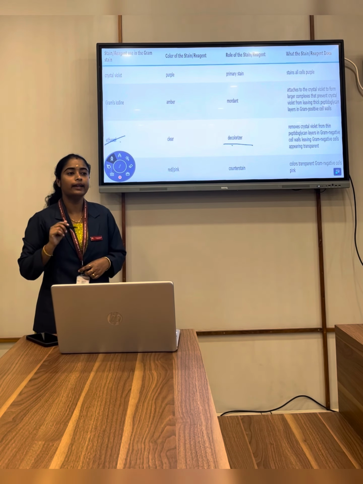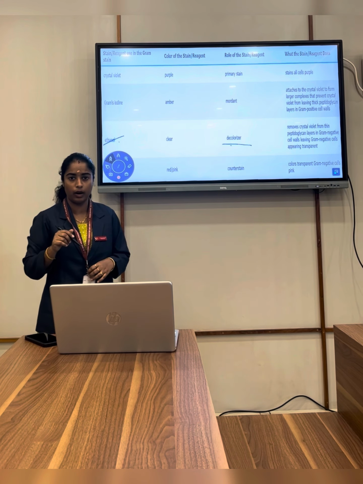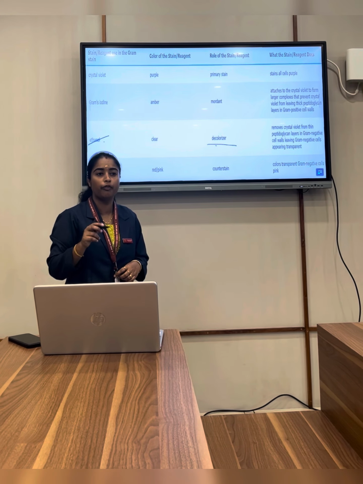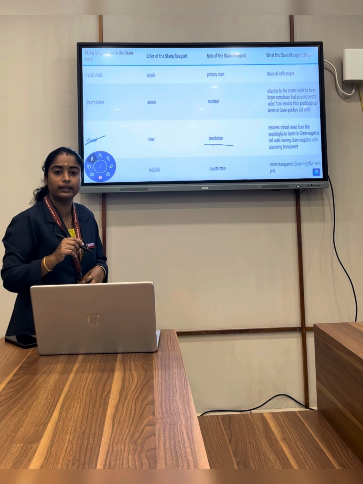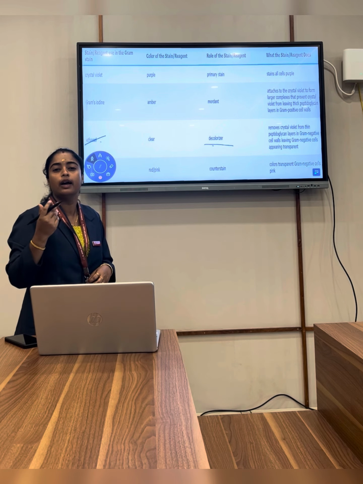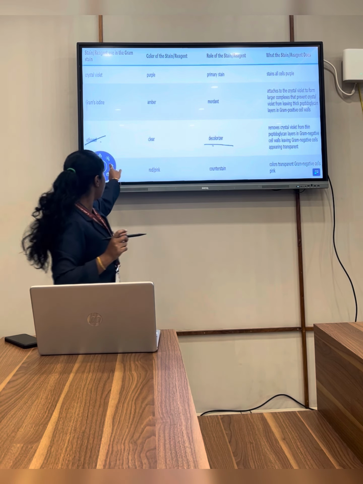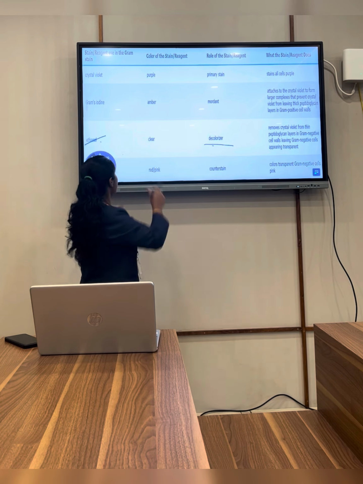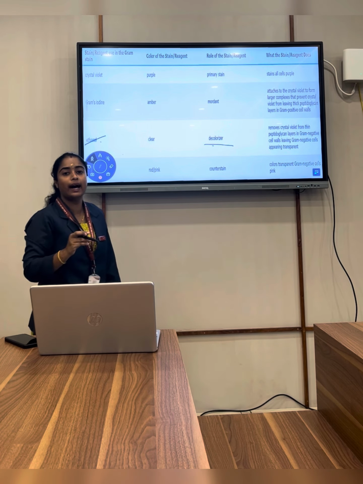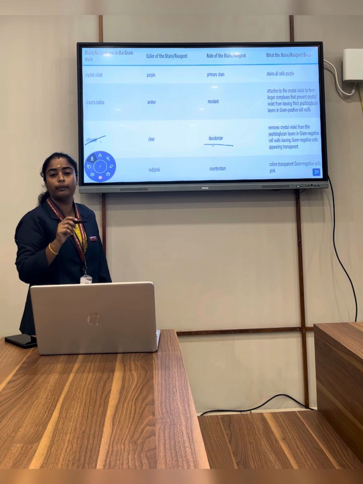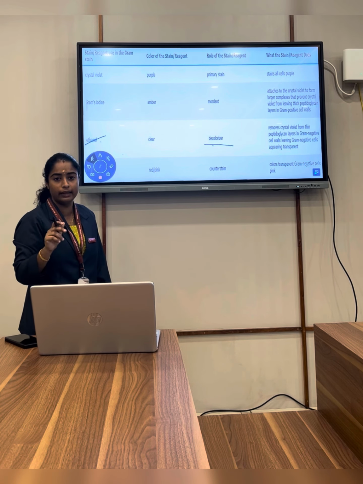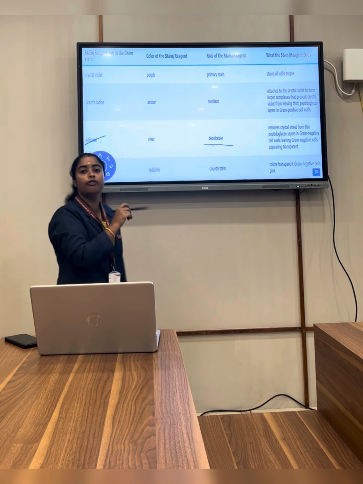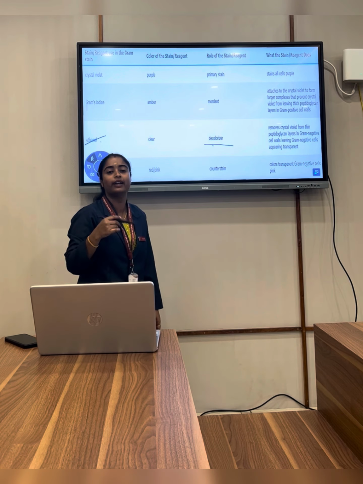You know that the gram-positive bacterial cell wall is very thick and made up of a highly cross-linked peptidoglycan layer, and in the case of gram-negative bacteria, the peptidoglycan layer is very thin. So when we apply the decolorizer ethanol, it will remove the stain only from the gram-negative bacteria, because the peptidoglycan layer is very thin, and it removes the CVI complex from the gram-negative bacteria.